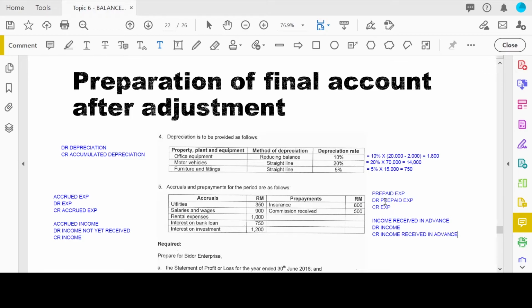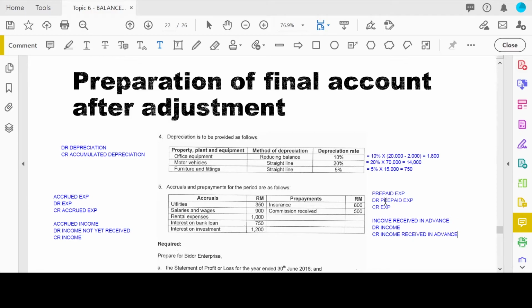So the name you have to be specific. It depends on the type of income. If it is a rental income, then you debit rental income and then you credit rental income received in advance. That is only an example.